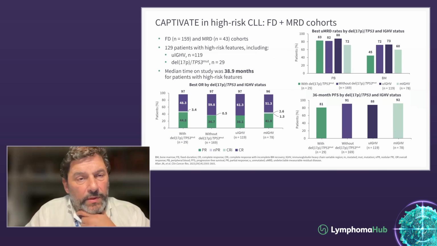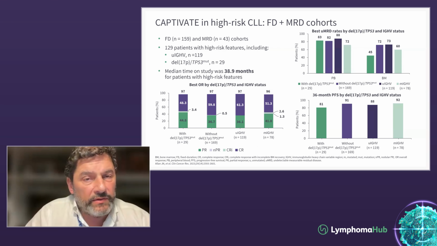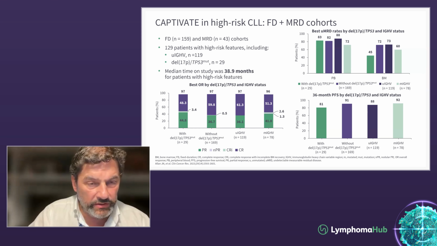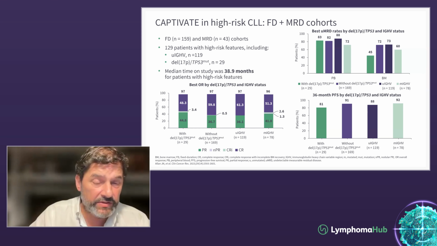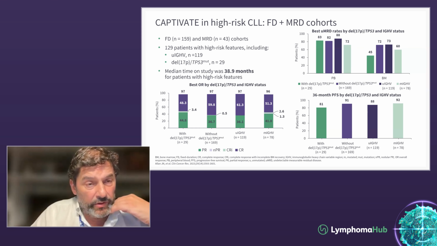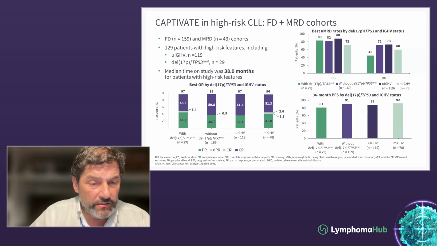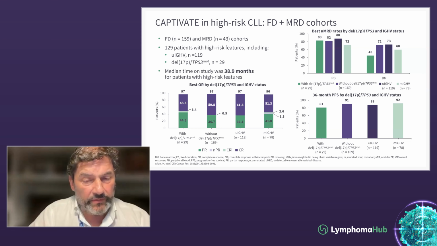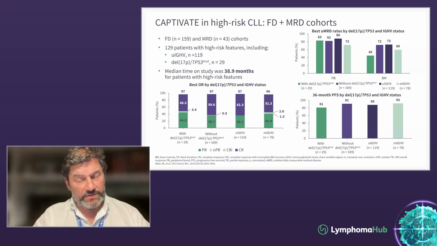CLL13 already Paolo mentioned, and the CAPTIVATE in high-risk CLL. These bars were already shown. I'm focusing on patients with p53 or unmutated. The results are excellent with this ibrutinib venetoclax. These patients were fit, were in good condition, and they attained an excellent response and progression-free survival, even with p53 genetic abnormalities.